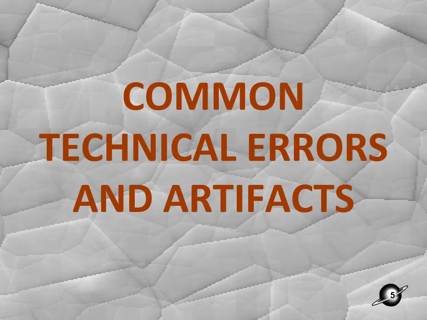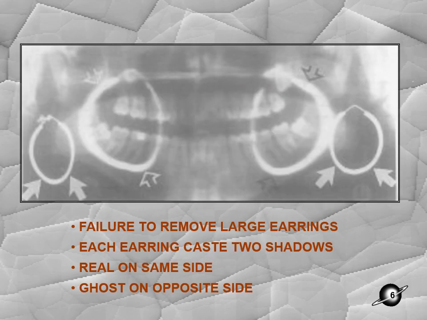Common technical errors and artifacts we come across while taking an OPG. So this is the first error, failure to remove large earrings. And again the image clearly shows it's a ghost image. One side the ring is in the actual image.